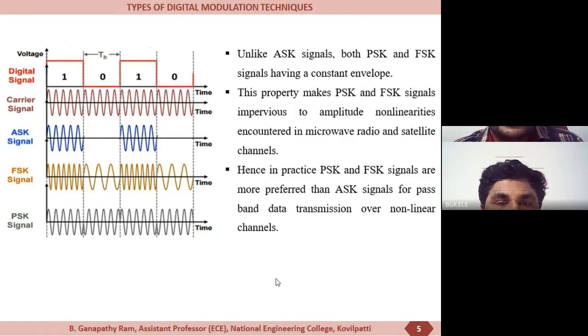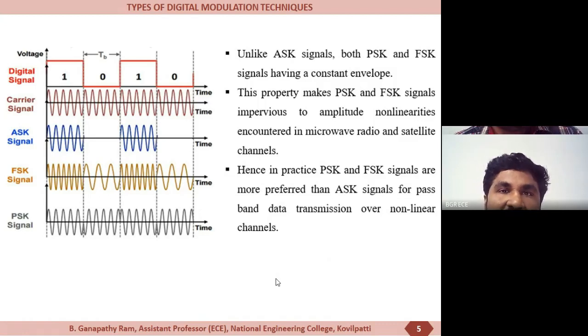Similarly, frequency shift keying is nothing but switching the frequency of the carrier signal in accordance with the binary data. Similarly, phase shift keying is defined as a modulation process in which the phase angle of the carrier signal is switched corresponding to the binary message data.